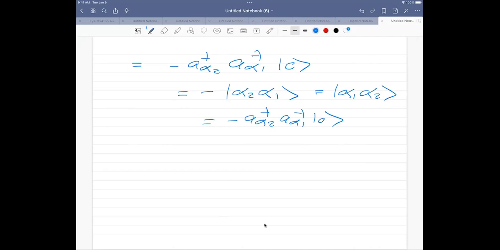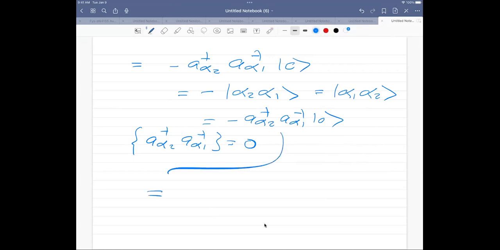And then I use the commutation rules, which we defined last week. So we have A alpha 2 here and A alpha 1 dagger. We know that this is 0. So that means that this equation which we have here becomes equal to, let me just rewrite it a little bit better.